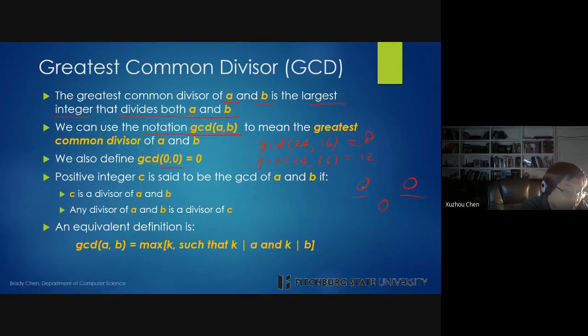0 is a divisor of 0 because you can write 0 as 0 times any number. So 0 is a divisor of 0. Okay. But can we find any other common divisors?